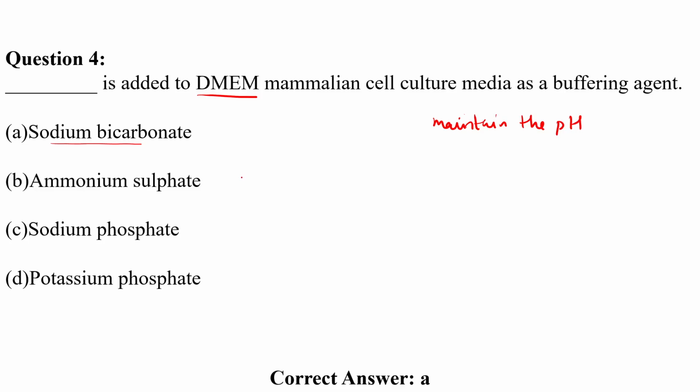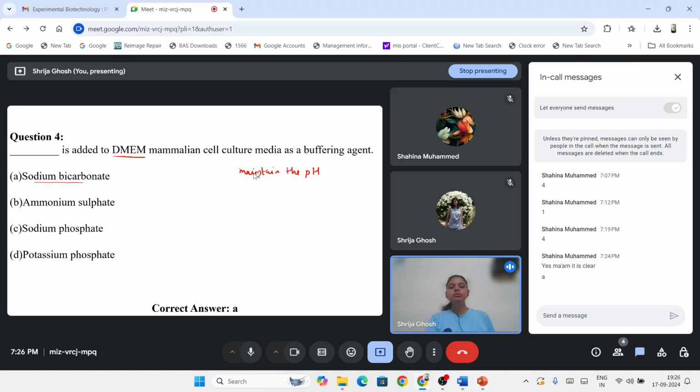For humans, our cells can only grow at a certain pH, and our body has a mechanism to maintain that pH. Our cells will grow in that particular pH only.